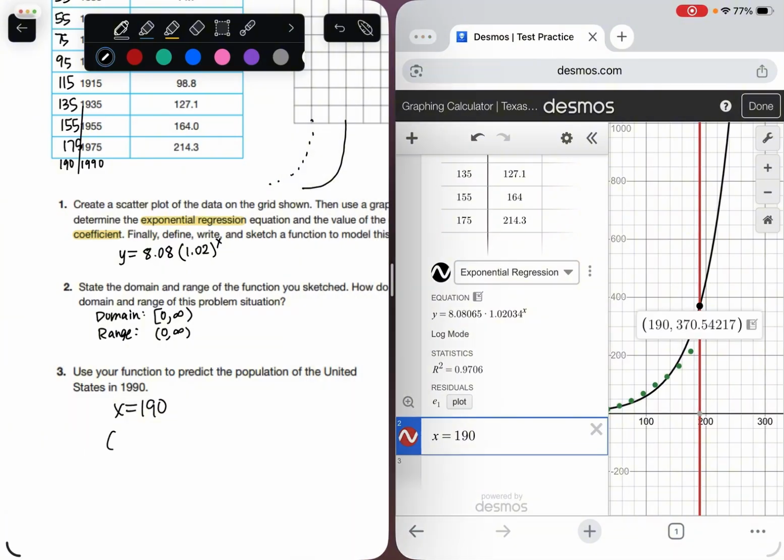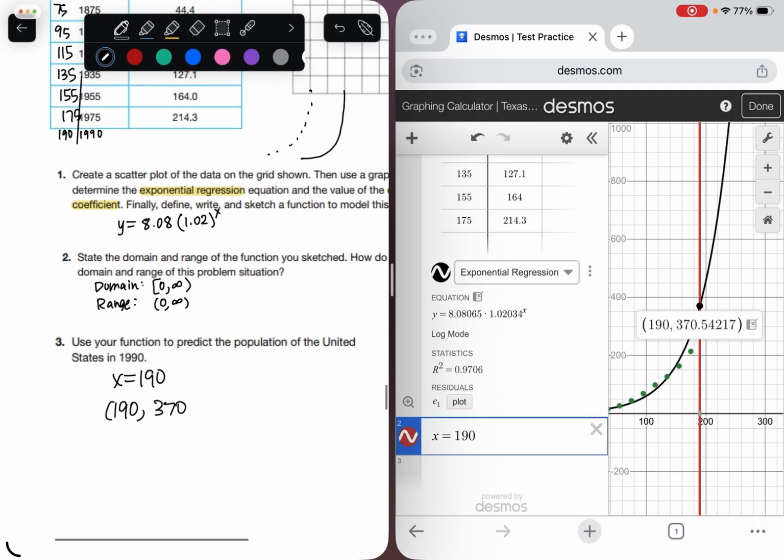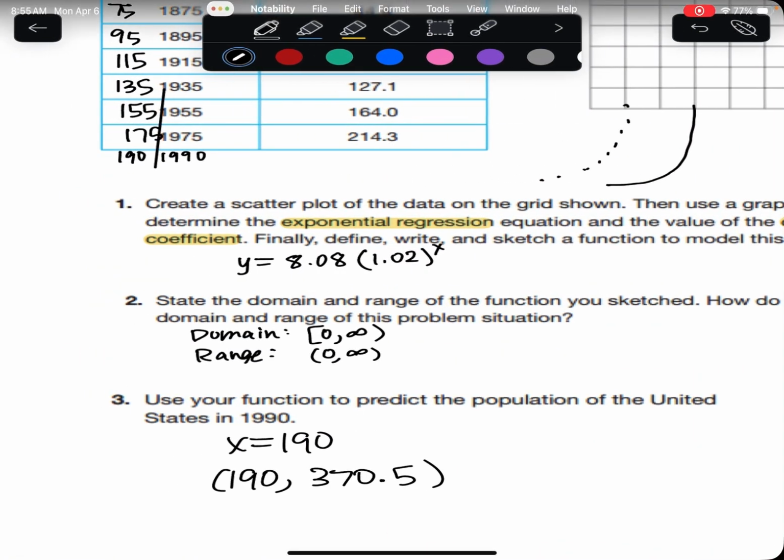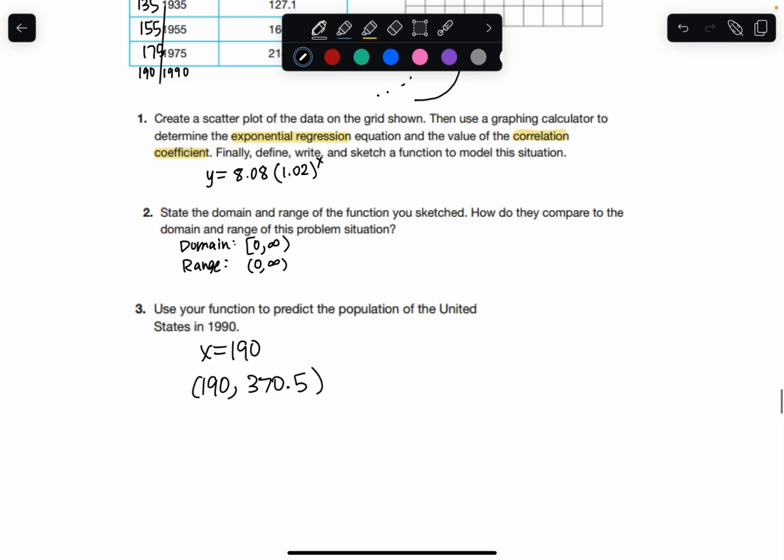And so that gives us the point 190 and then 370. And since our table is rounding to the nearest 10th, I am also going to round to the nearest 10th. And so our predicted population would be 370.5 million people.